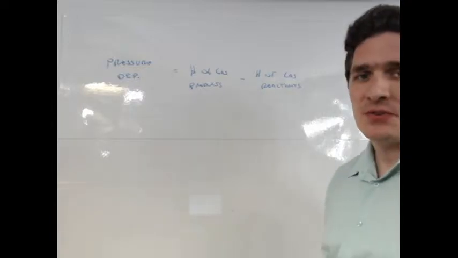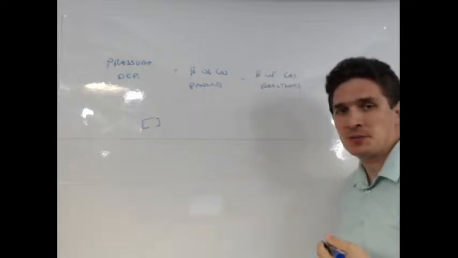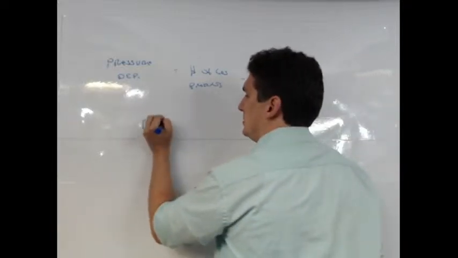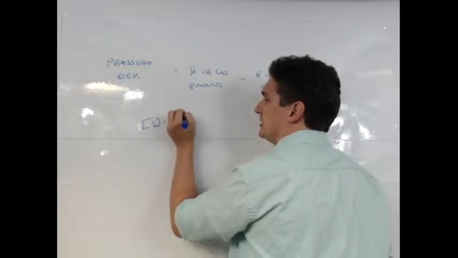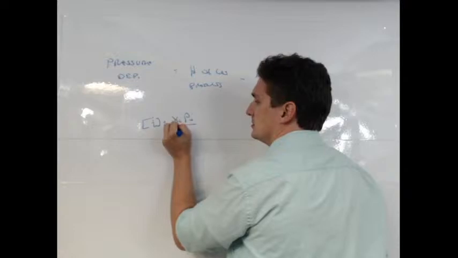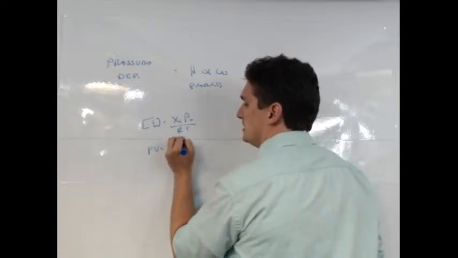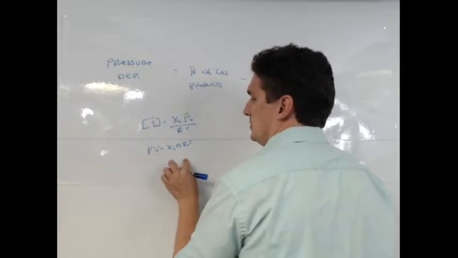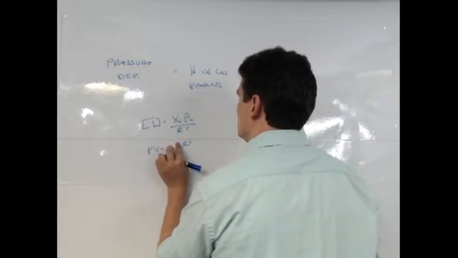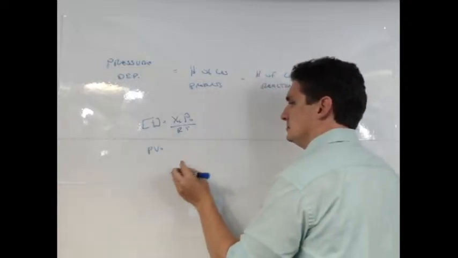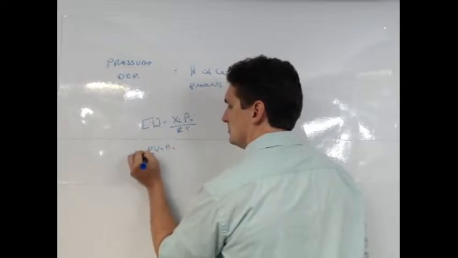And where this comes from is that concentration, which is what we have in our expression for Q, can be rewritten using the ideal gas law to be the mole fraction of i times P naught over RT. This just comes from the ideal gas law, PV equals nRT.